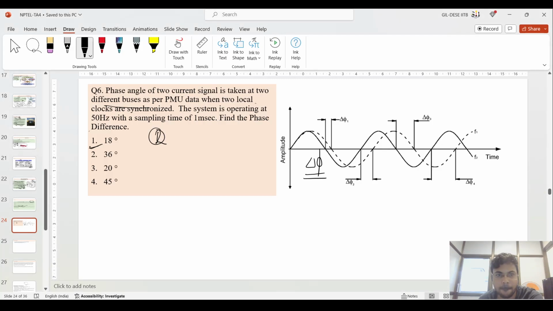Ritika is also saying first option. Okay, anybody else?